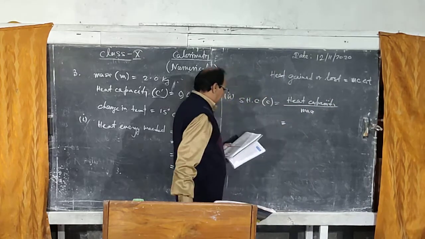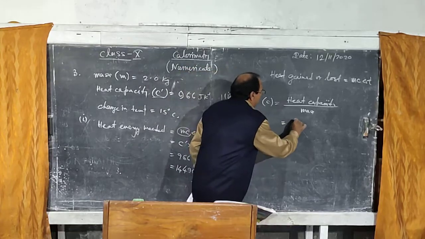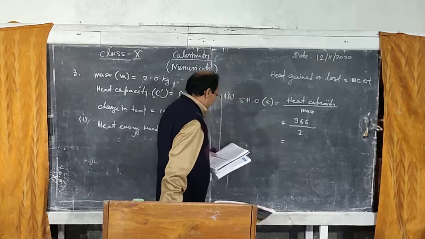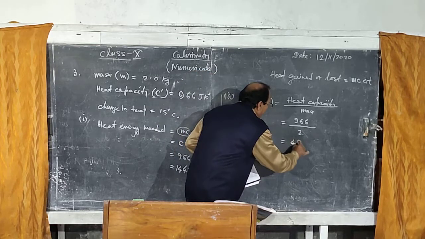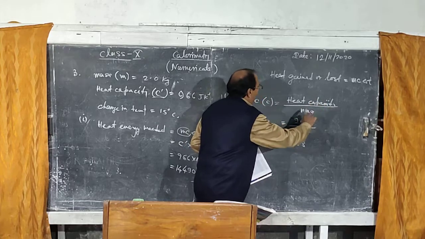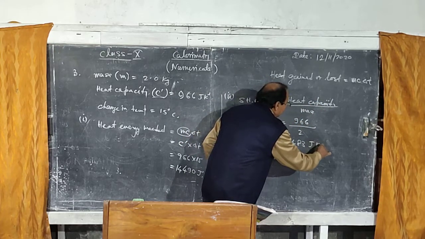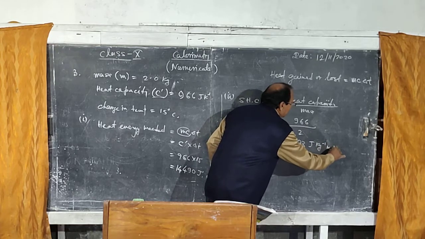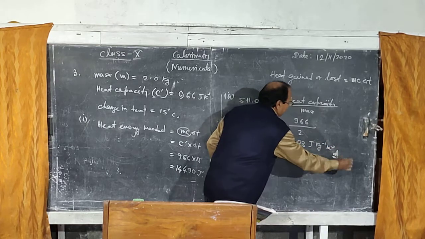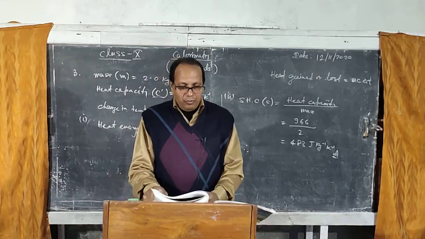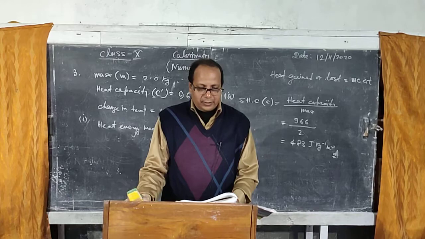So heat capacity is here 966 upon 2 is equal to 483. Unit of specific heat capacity is joule kg inverse Kelvin inverse, right? This is the question number 3. Now we will do question number 6.